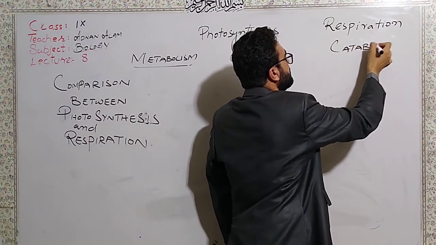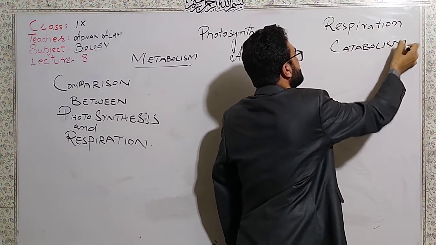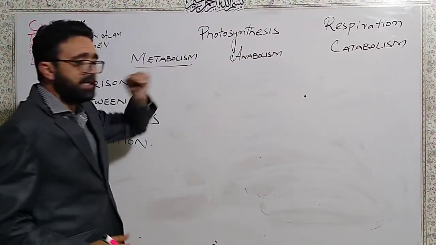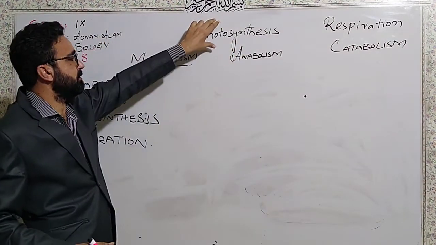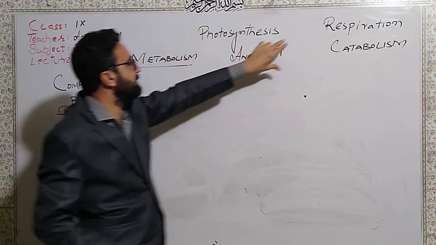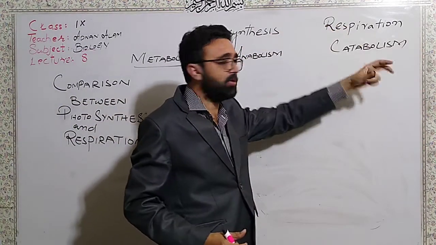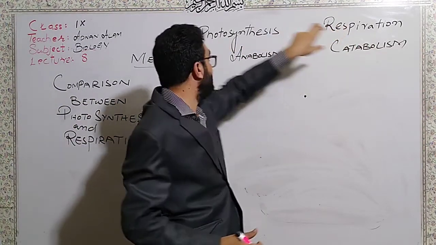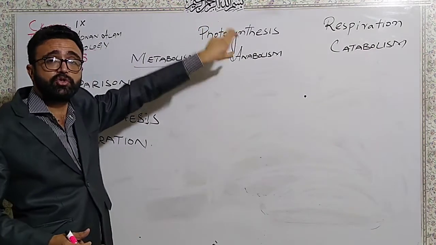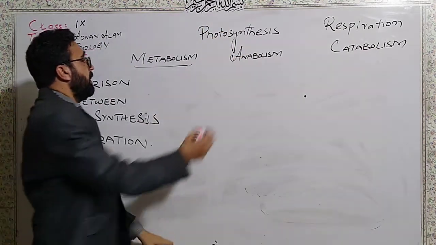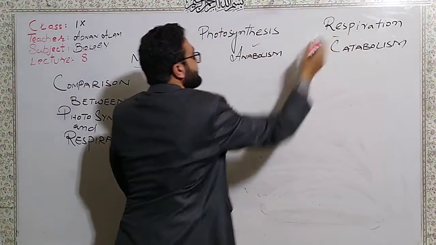What does it mean? It is a synthetic process in which synthesis takes place, and catabolism is a destructive process. So usually energy is being yielded here, and here energy is stored. So this is anabolism and this is catabolism.